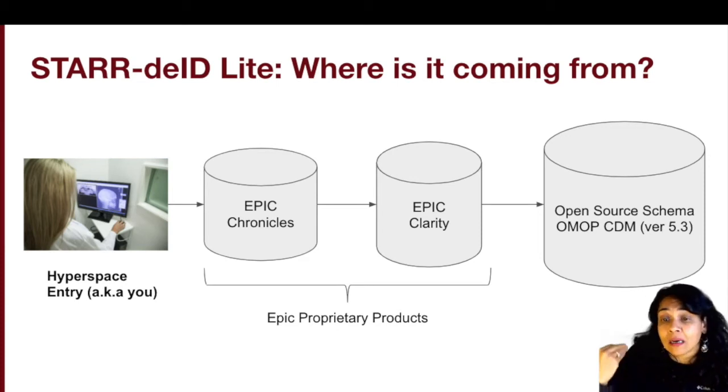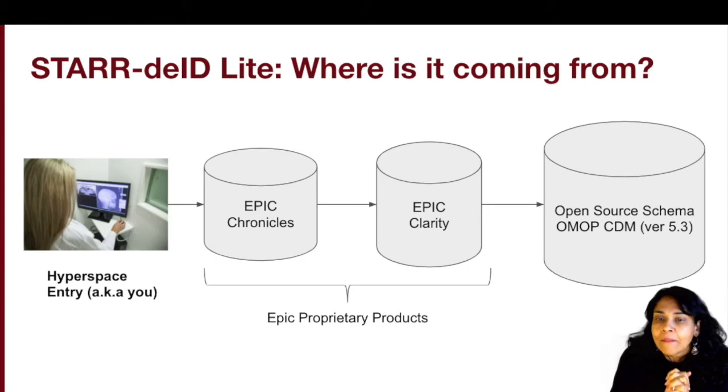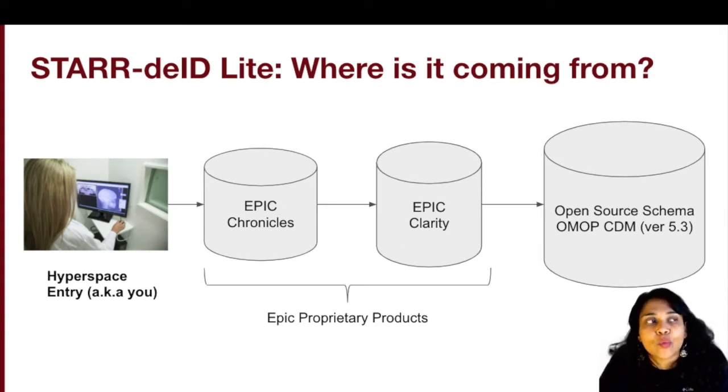They often reside in a different database, a different silo. And while as a physician you do have access to it through Hyperspace, that data never really makes it into Epic Clarity. So you will never see that data in, say, OMOP or even in Clarity.